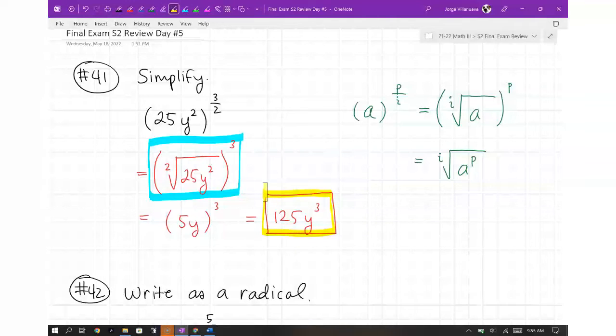So as usual, which one should you do? Depends on your multiple choice, right? If multiple choice stops at that blue highlighted box, then that's what you put. If you don't see that blue highlighted box answer, but you see the one in the yellow, then that's where you go. Okay? So look at your multiple choices. They're always a good indication of how much work you should put in. So that's 41.